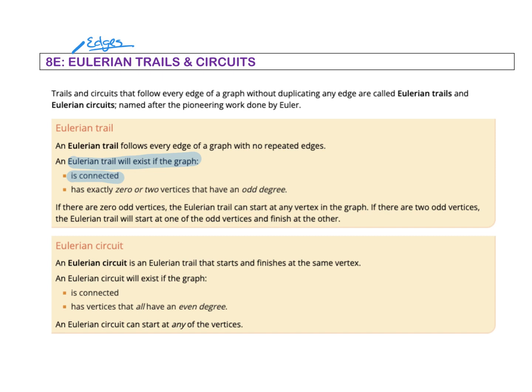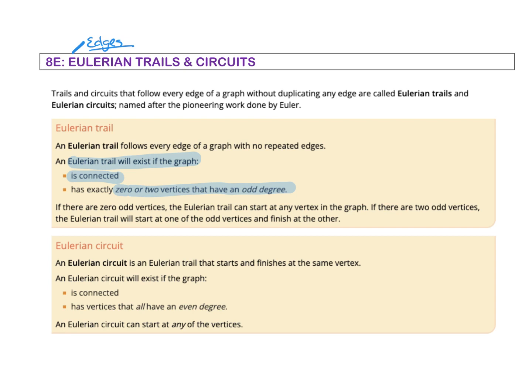And you have either 0 or 2 vertices that are of odd degree. Remember, if a vertex is of odd degree, that means it has a degree of 1, 3, 5, etc.